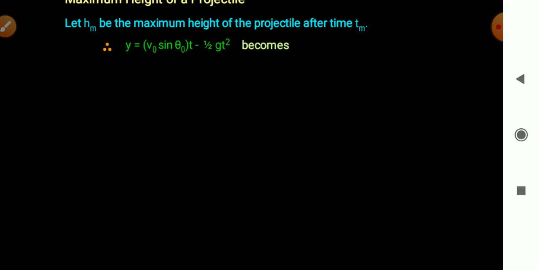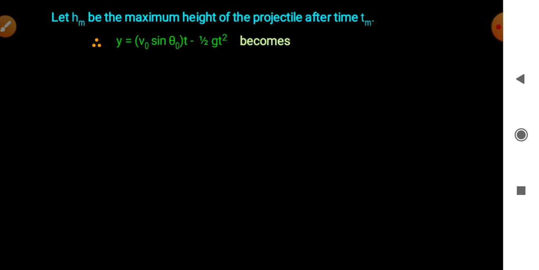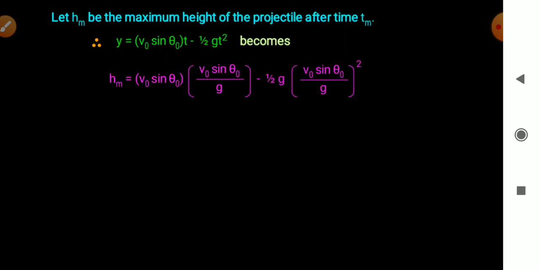So from the equation y equal to v naught sin theta naught into t minus half g t square, put in this equation y equal to H and t equal to tm. We know the value of tm is v naught sin theta naught upon g, which is the time taken by the object to reach the maximum height, right? So put these values in this equation.